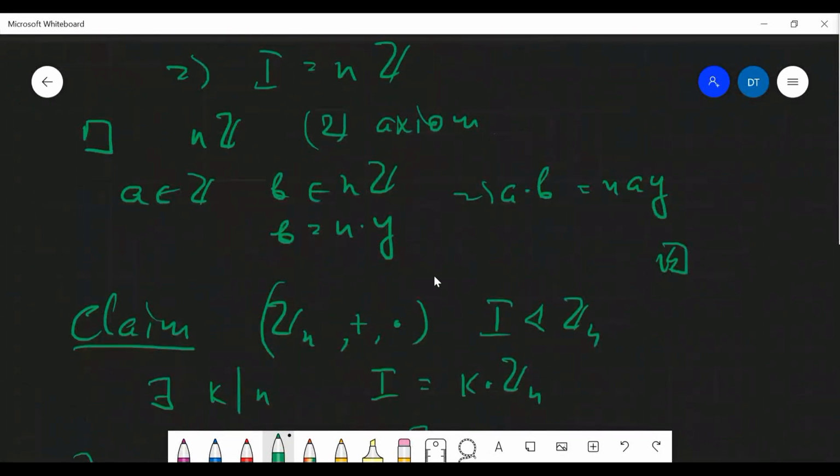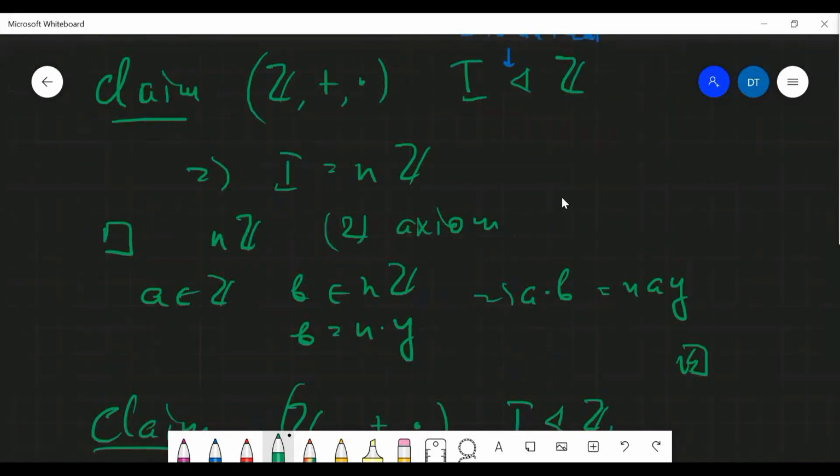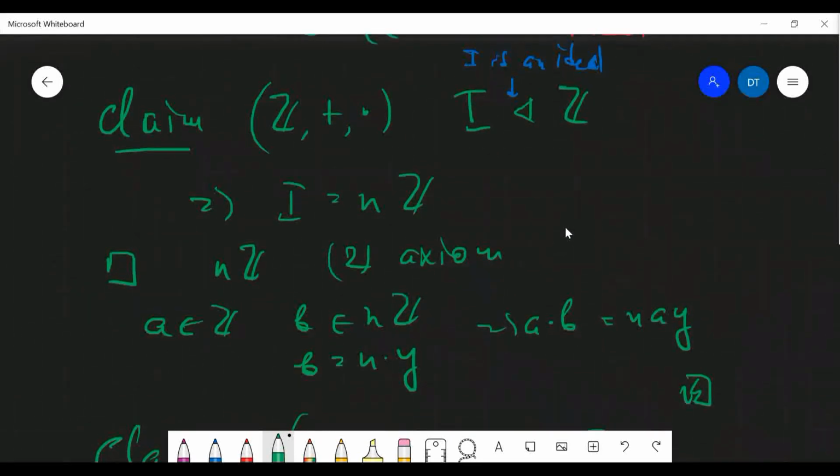Which one? The second one? About both of them actually. Okay, why does it work? In this particular proof we have shown that if we take nZ, it's an ideal.